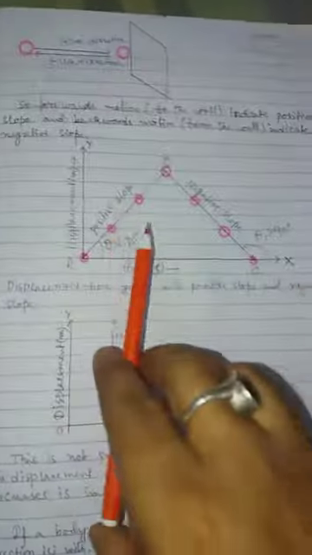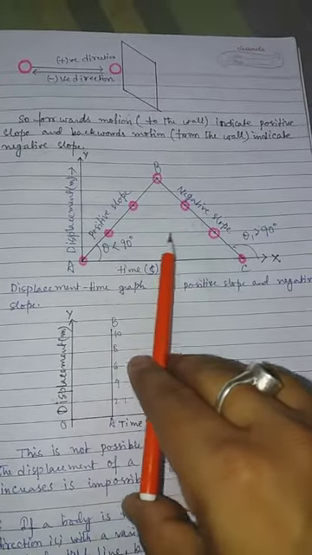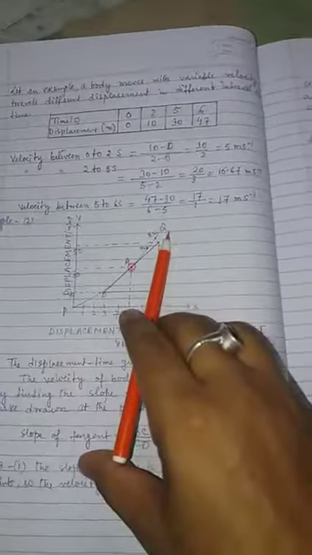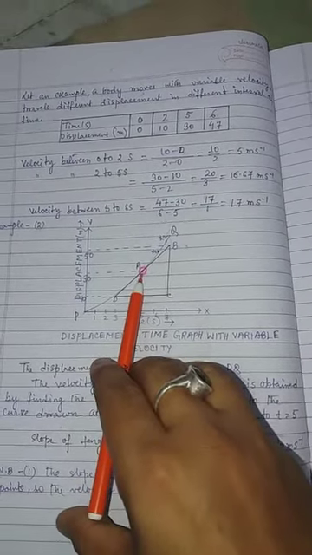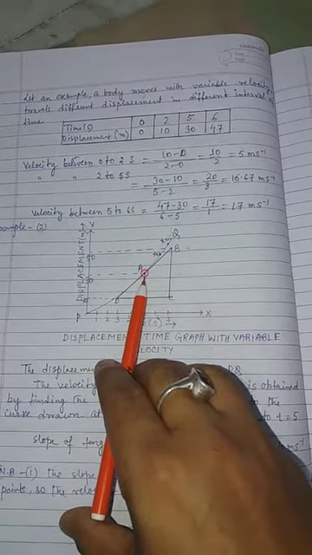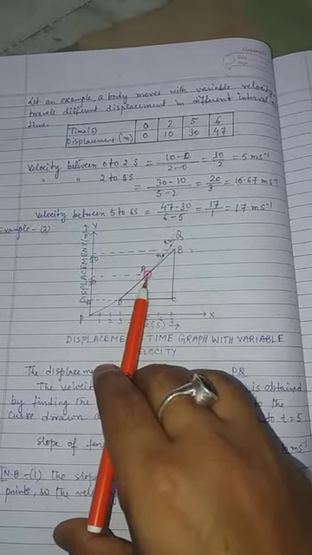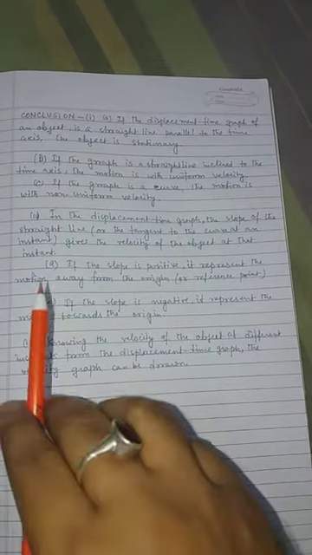If we consider positive slope, then theta is less than 90. Consider negative slope, theta is greater than 90. And if we consider variable velocity, in that case we can find out the velocity at an instant by drawing a tangent. This is all about the displacement time graph.